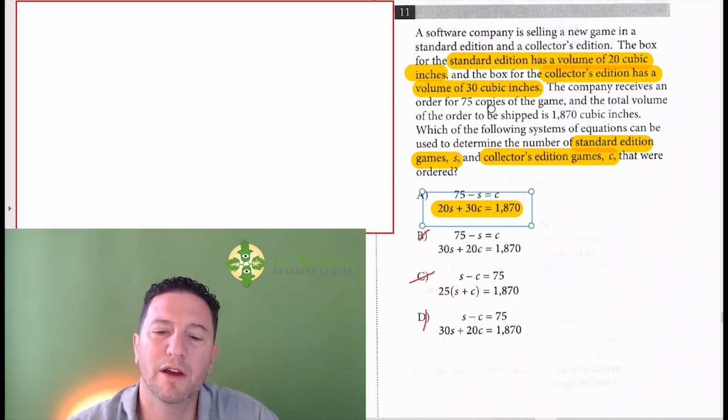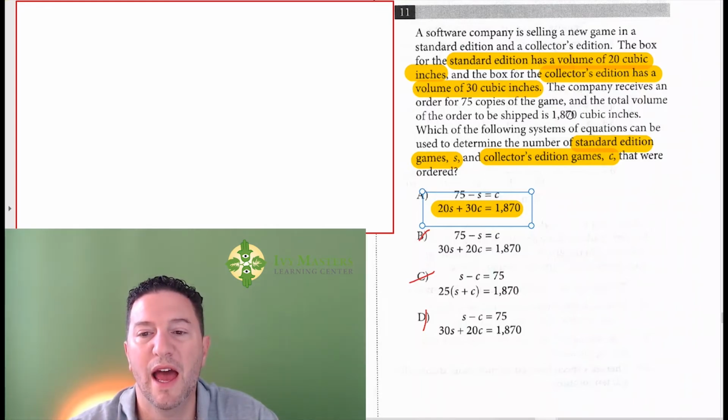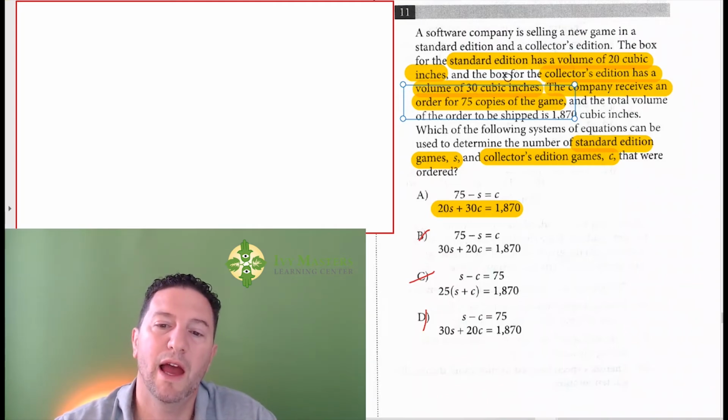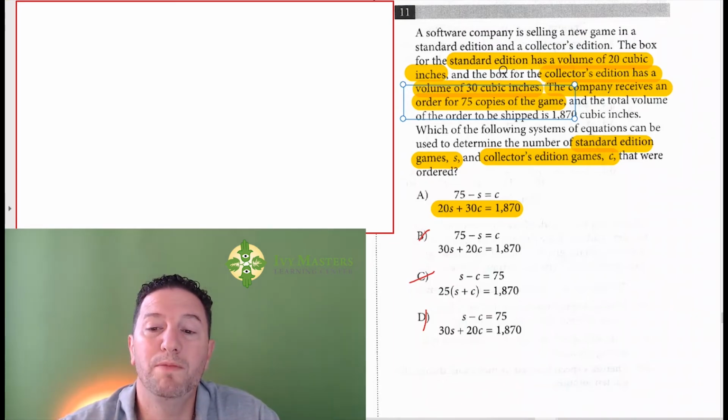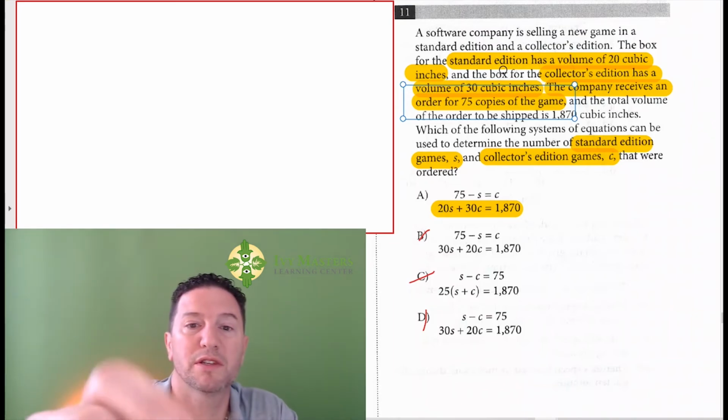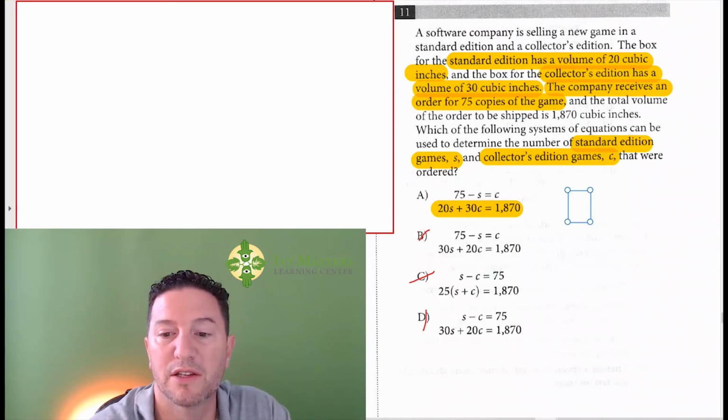And now when we look at this other part, the 75 minus S equals C, how does that make sense? Because if the company receives an order for 75 copies of the game, that would be how many copies of the standard edition, S, and how many copies of the collector's edition, C. So it would be S plus C equals 75. I'll write it down. S plus C equals 75.